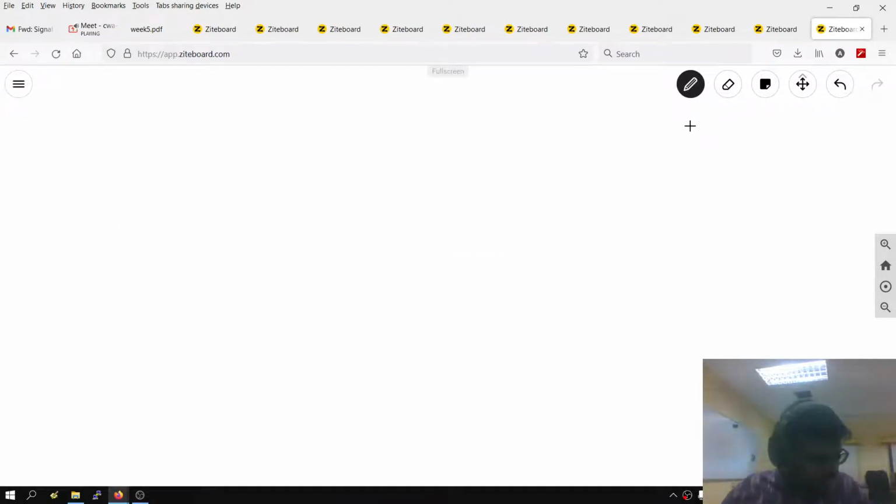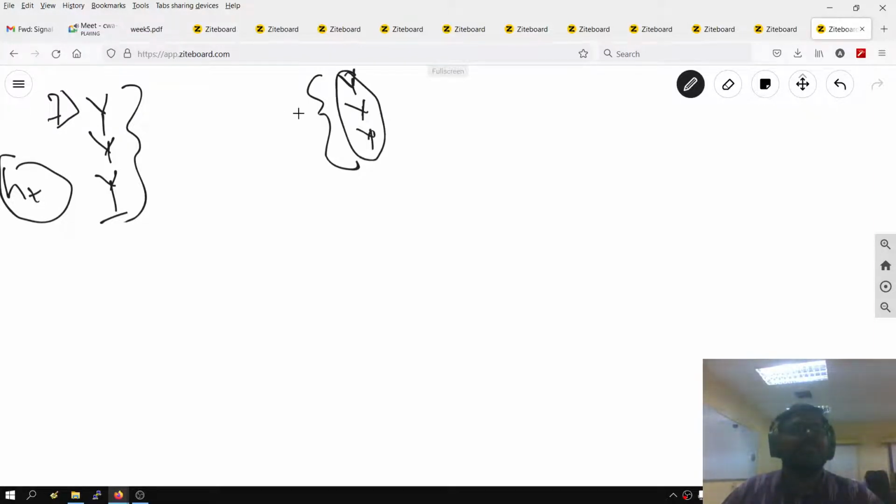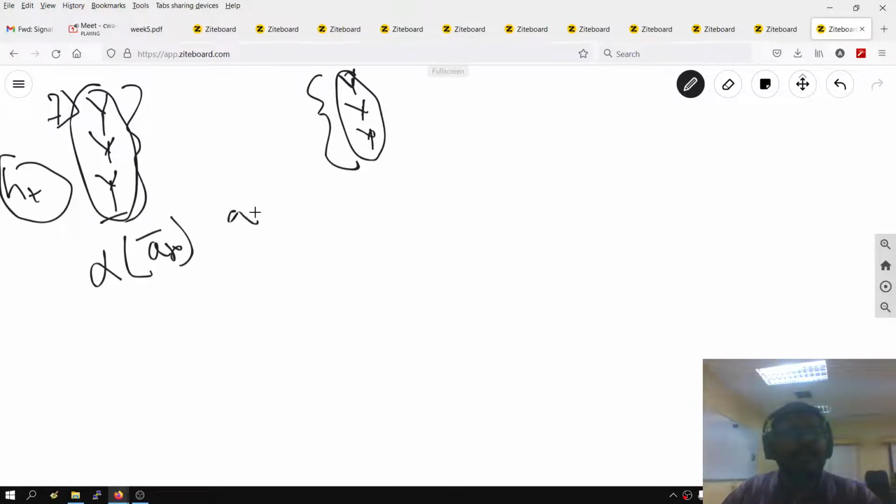So question number 7: there are multiple transmitting antennas and this is a bunch of receiving antennas. So the channel matrix will be alpha times a_r times a_t transpose.